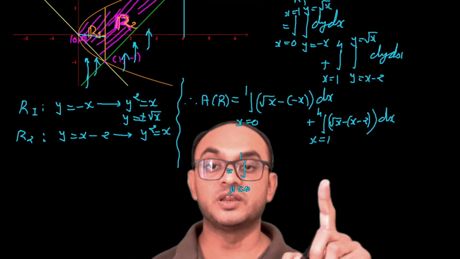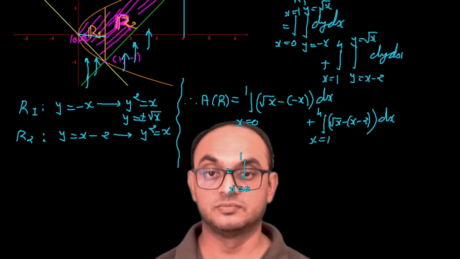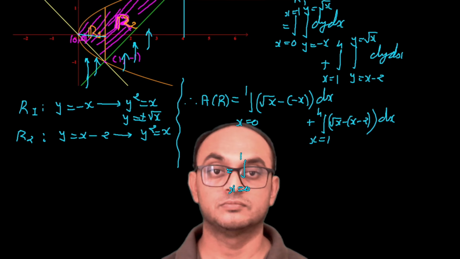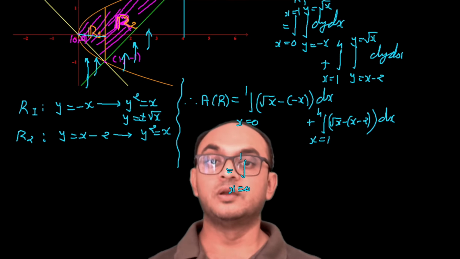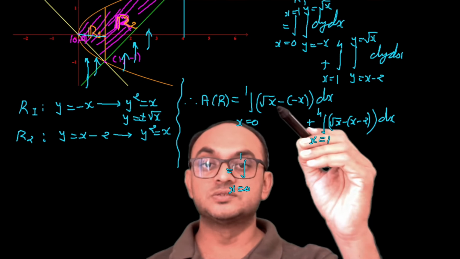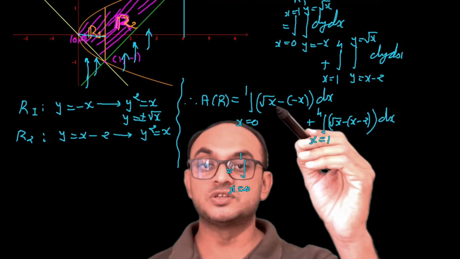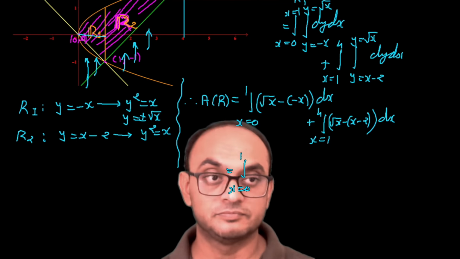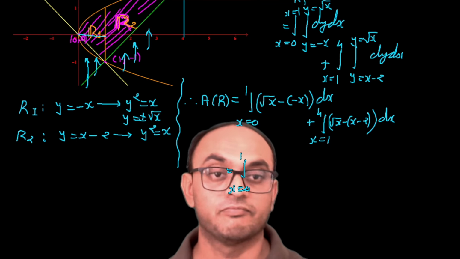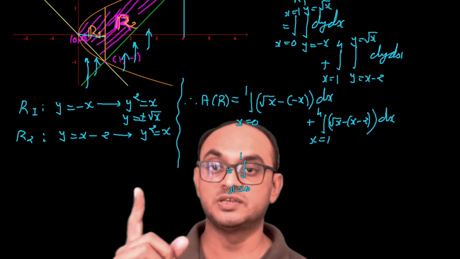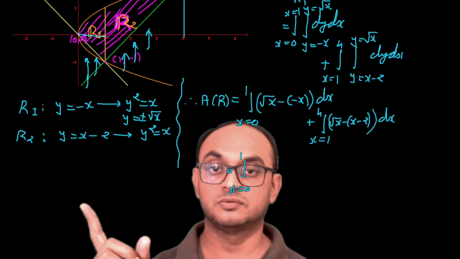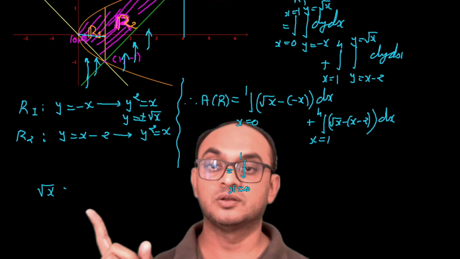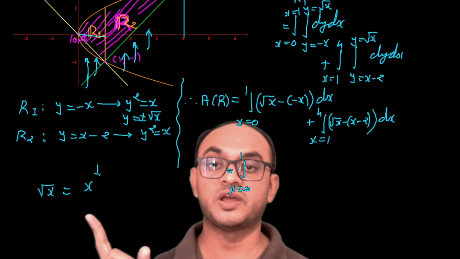Now I need to integrate this square root x. So what is the integration of square root x? See, look here. Square root x is equal to x raised to 1 by 2.